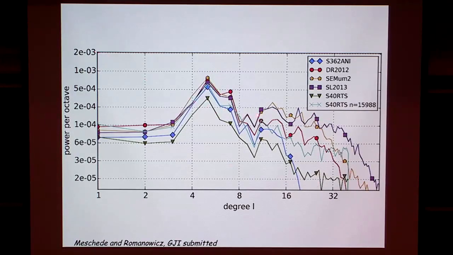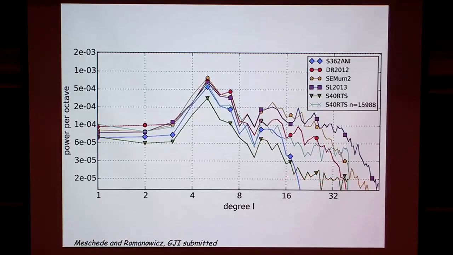But you can see that these global models agree extremely well all the way to degree 16, perhaps. Some of them even higher, in even small details of the spectrum, and then they fall off. S40RTS has a problem here.